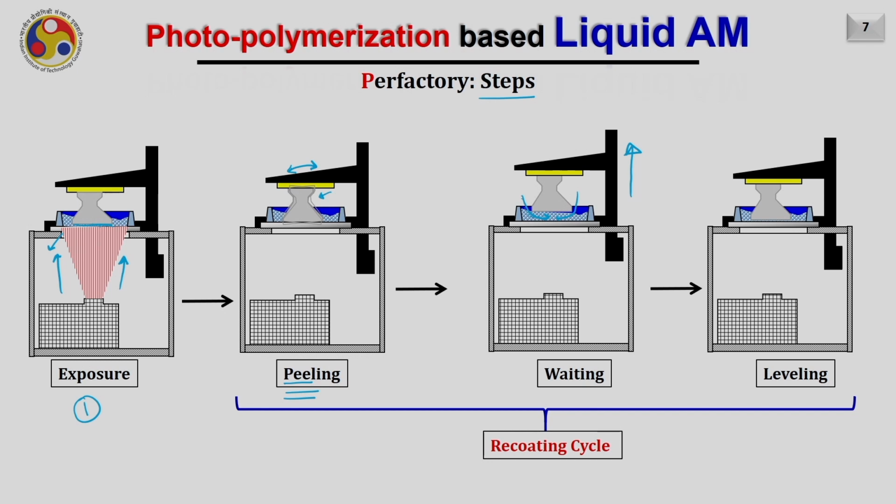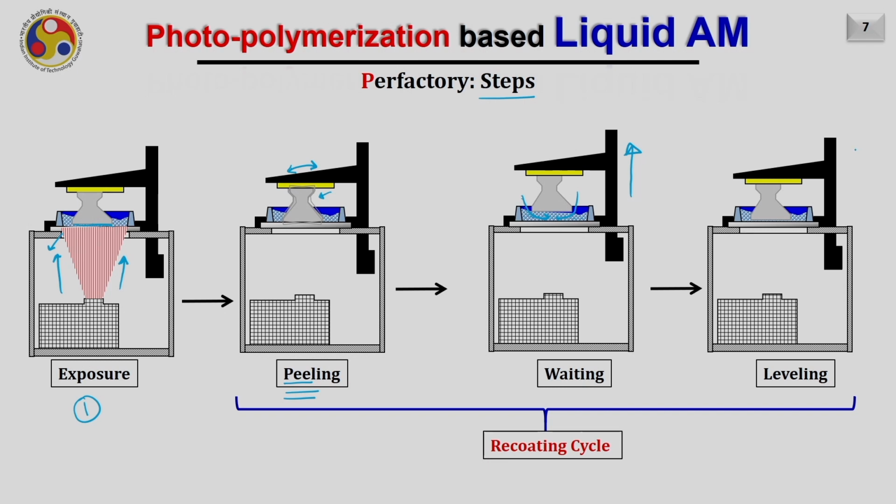As in the case of SLA, we used to have a doctor blade or a recoater that used to wipe off the extra material and all. Here we are taking the advantage of gravity. The gravity itself is giving us the benefit of flowing the liquid photopolymer under the part. As the liquid photopolymer flows under the part, it takes a very uniform surface level.